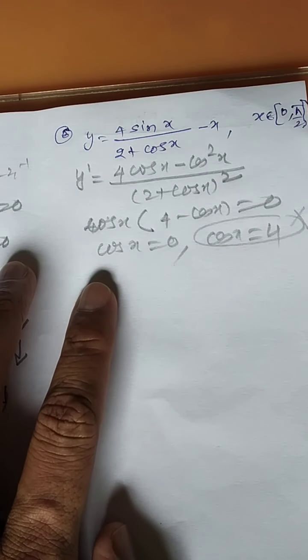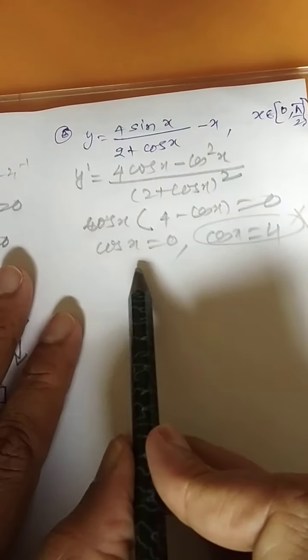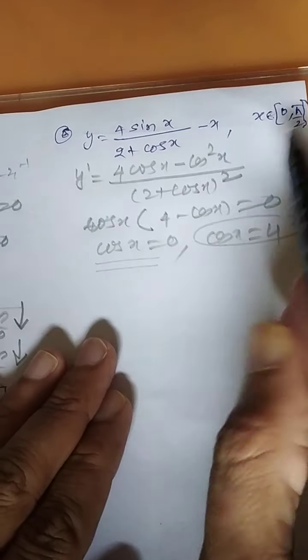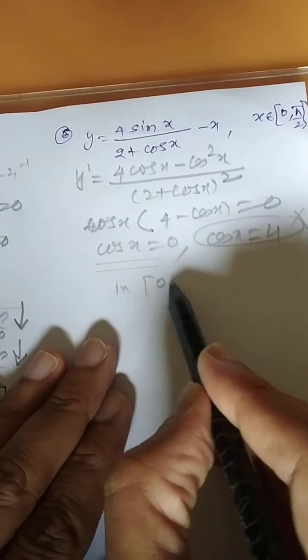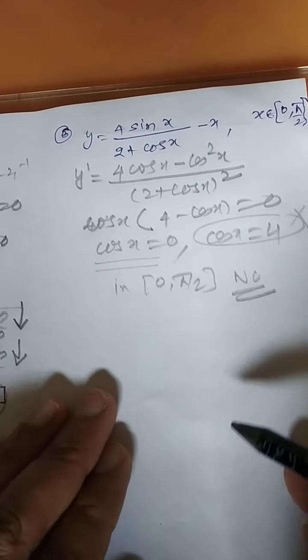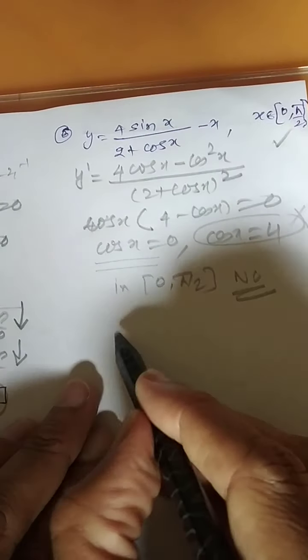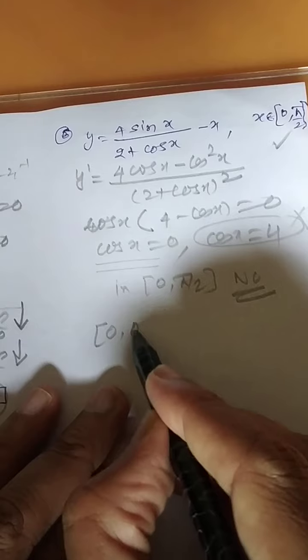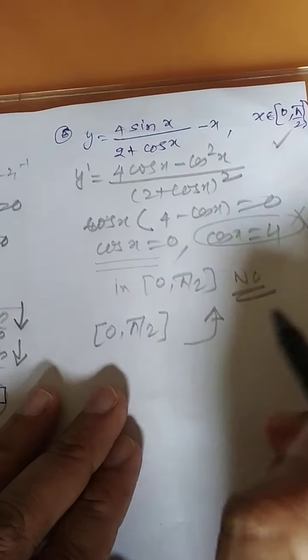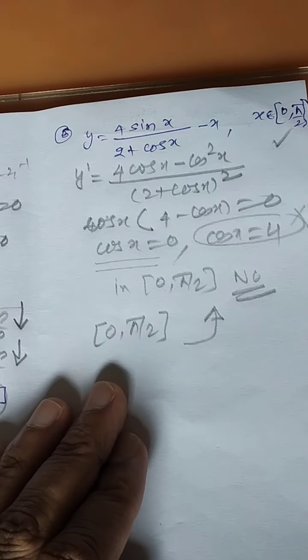Where will cos x be equal to 0 in this expression? If cos x is equal to 0, then x will be 90 degrees. But in between 0 to pi by 2, there is nowhere that cos x becomes 0. That means during this interval 0 to pi by 2, the graph is always increasing. It is called a strictly increasing function.